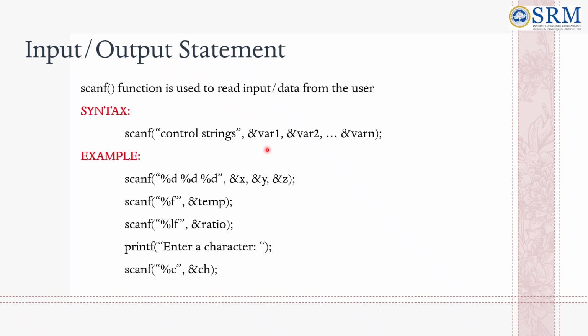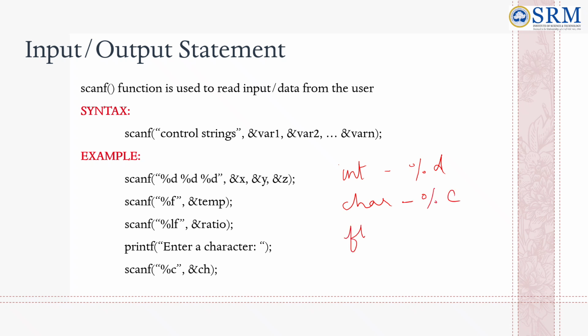So let me explain this. Control string. Just like keywords associated with all data types, there is a control string associated with each data type. For integer, the control string used is %d. For character, the control string used is %c.